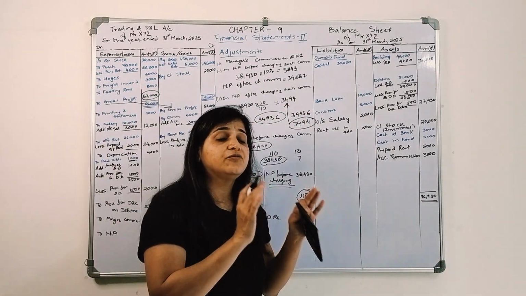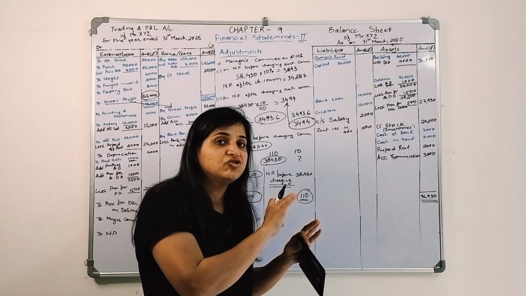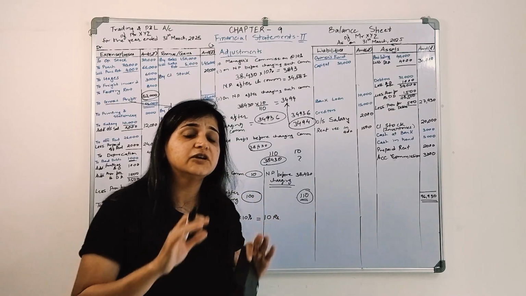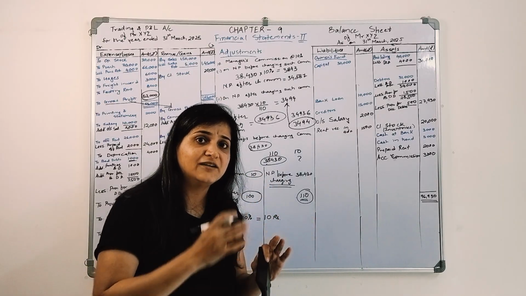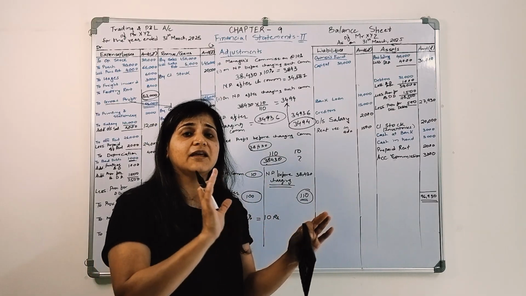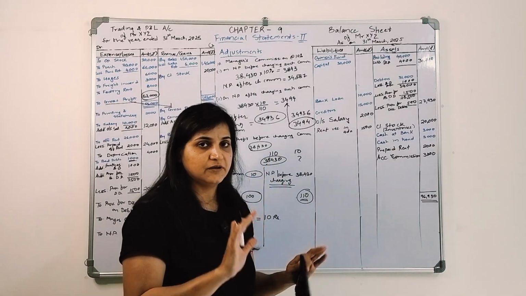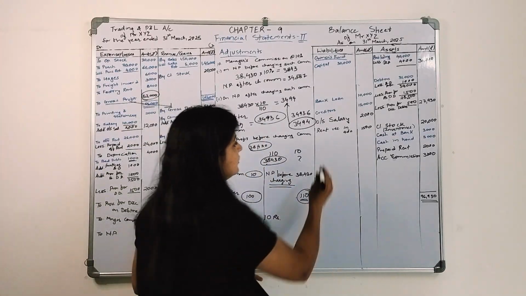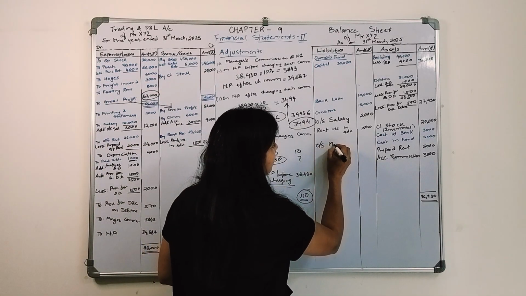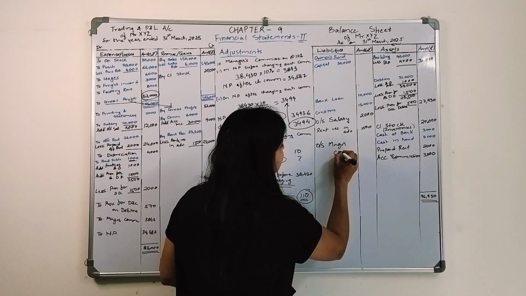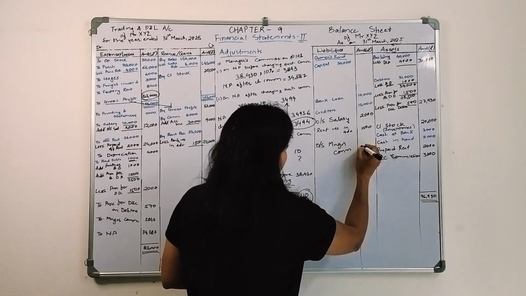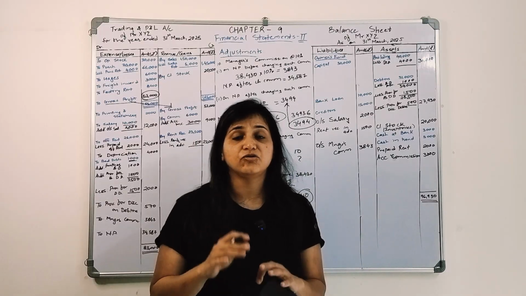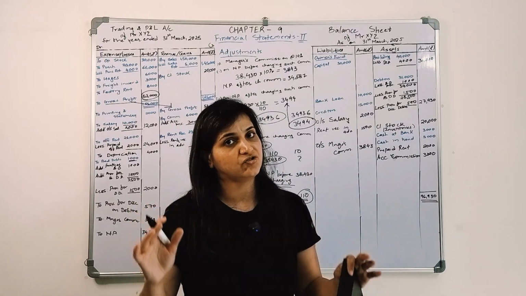Read the question: before charging commission. If the commission has not been charged, on that we have to give 10%, or after charging commission, whatever profit is there, on that we have to give 10%, right? So this is how we will do the adjustment of manager's commission. Here we will write outstanding manager's commission, that is 3843, right?